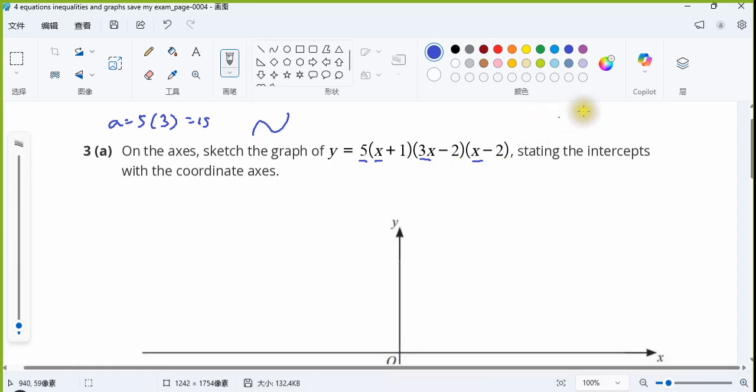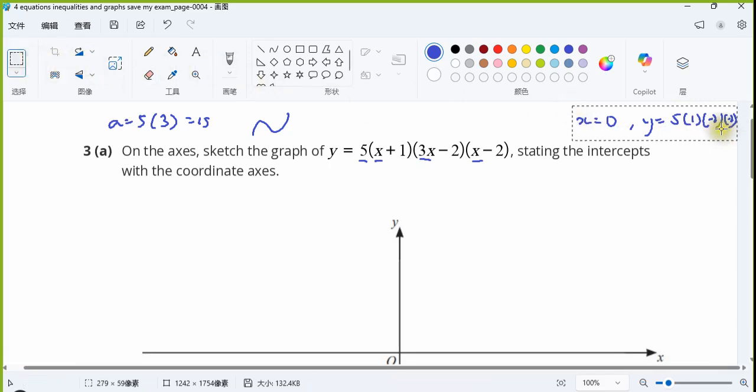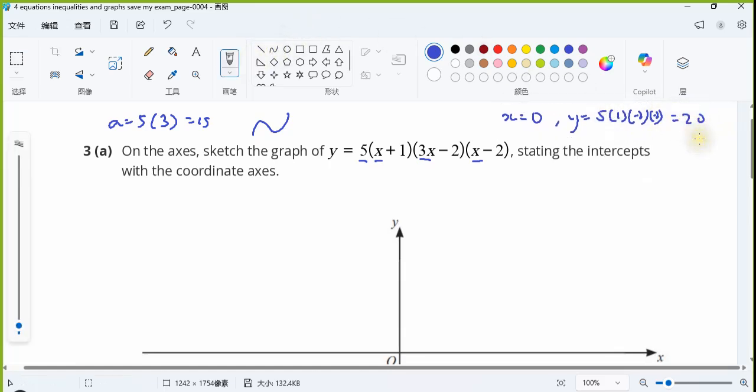So when x equal to 0 is the y-intercept, then y will be 5 times 1 times negative 2 times negative 2. So it will be 20. When y equal to 0 is the x-intercept, x equal to negative 1, x equal to 2 over 3, and x equal to 2.